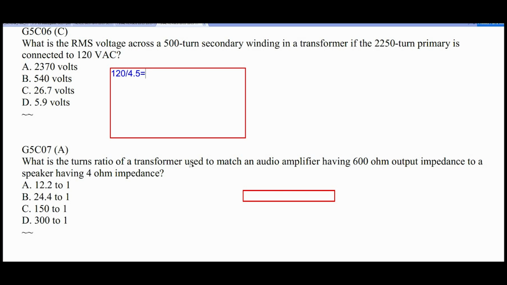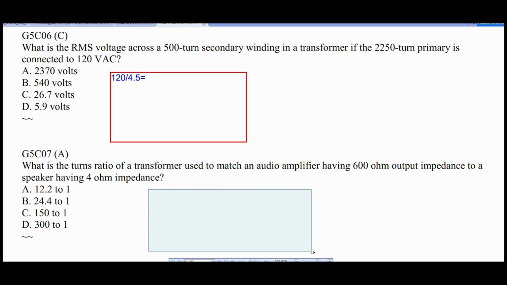G5C07, what is the turns ratio of a transformer to match audio 600 ohms to 4 ohms? So we're going to go, let's see, what was the turns ratio? All right, this one's a bit tricky. So we've got 600 divided by 4 equals, that would be 150, right?